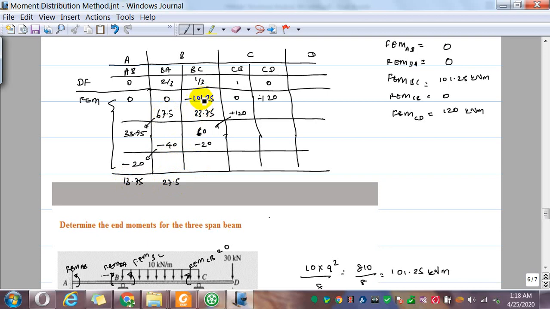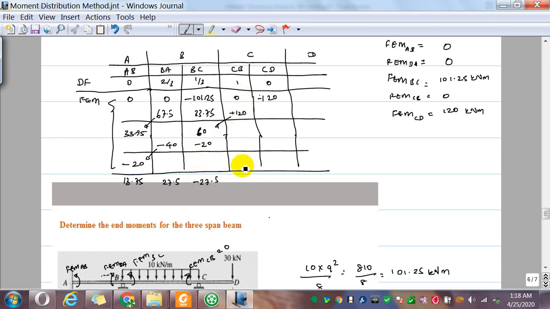Here it is 101.25 minus 33.75, so that is minus 67.5, and here plus 60, so that is minus 6.75 minus 20, minus 27.5.